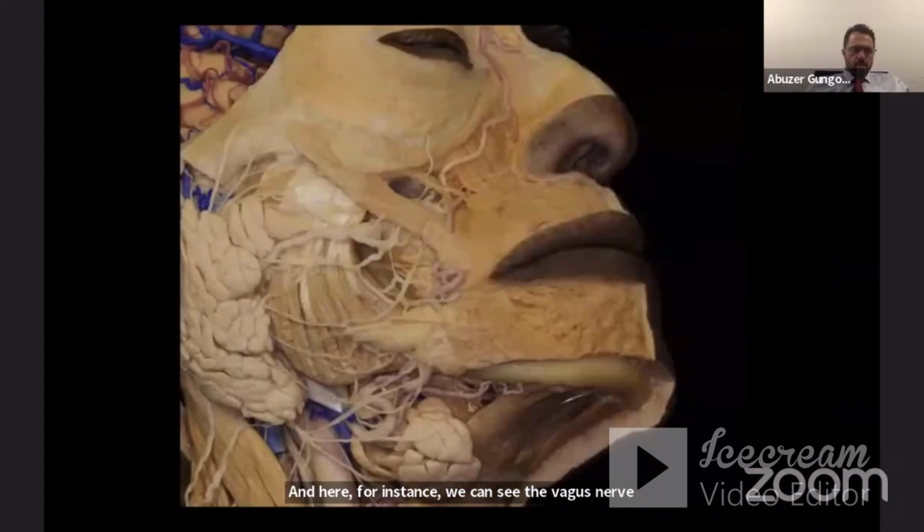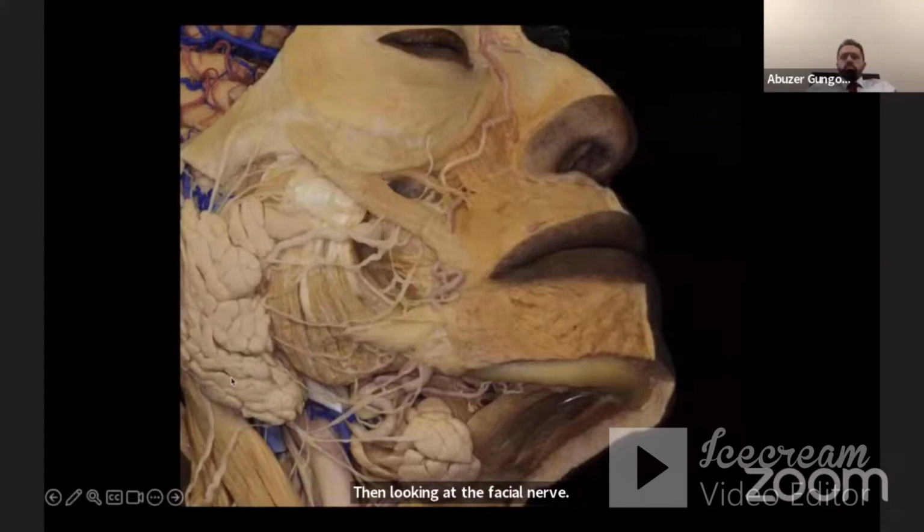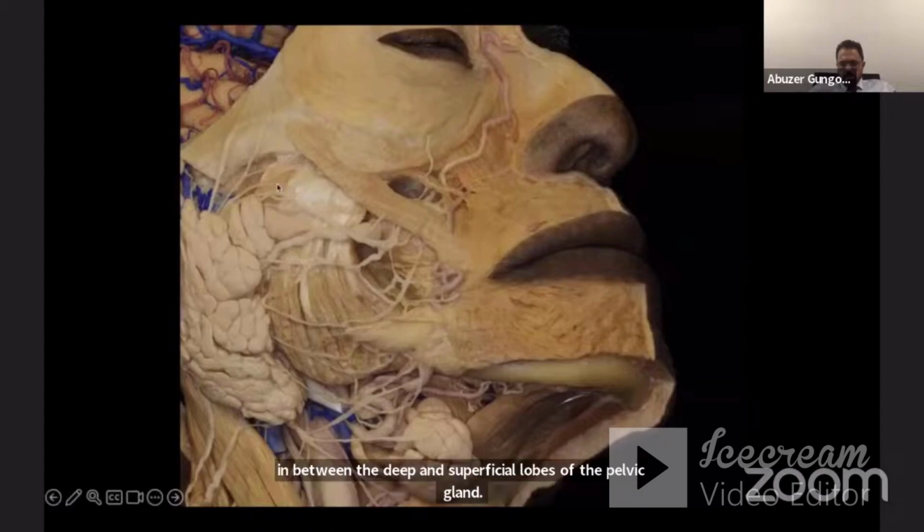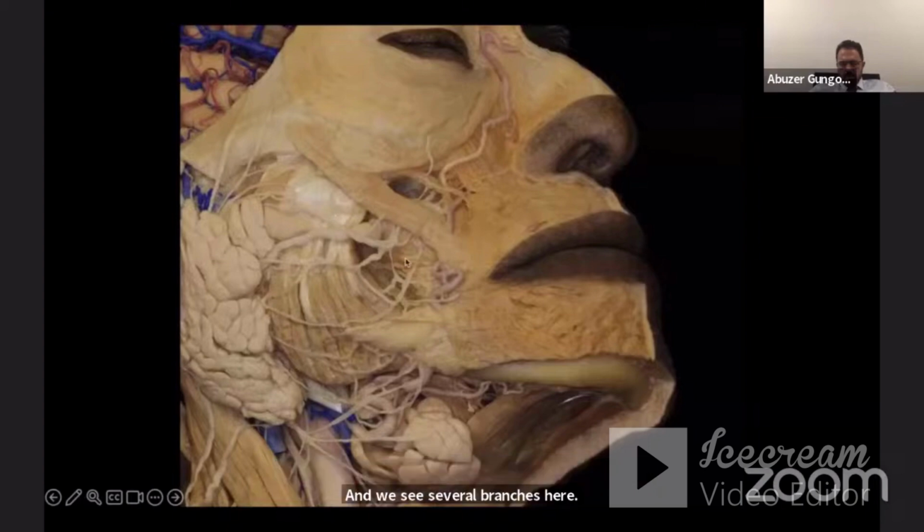Then looking at the facial nerve, we can see the parotid gland here. The facial nerve travels in between the deep and superficial lobes of the parotid gland. And we see several branches here that go to the musculature of the face. This is the cervical branch that we saw earlier.